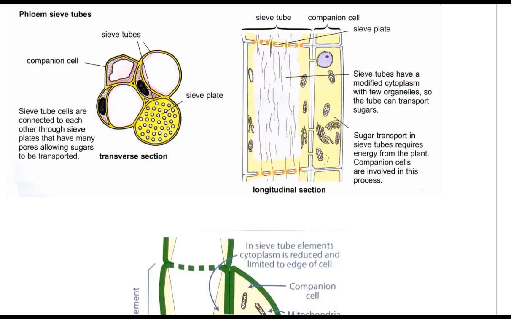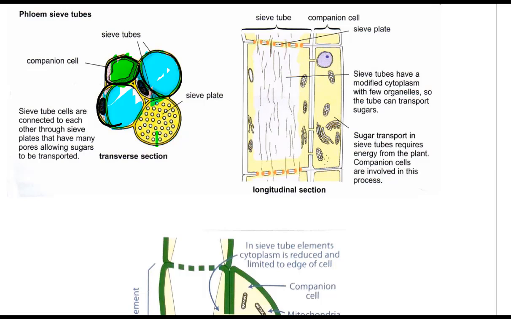So again, we're looking at transverse section and longitudinal section. So in transverse section, we can see here that these are the sieve tubes, and beside that we have these sieve plates with the little companion cells there. So these two are the sieve tube elements, and this here is the companion cell.